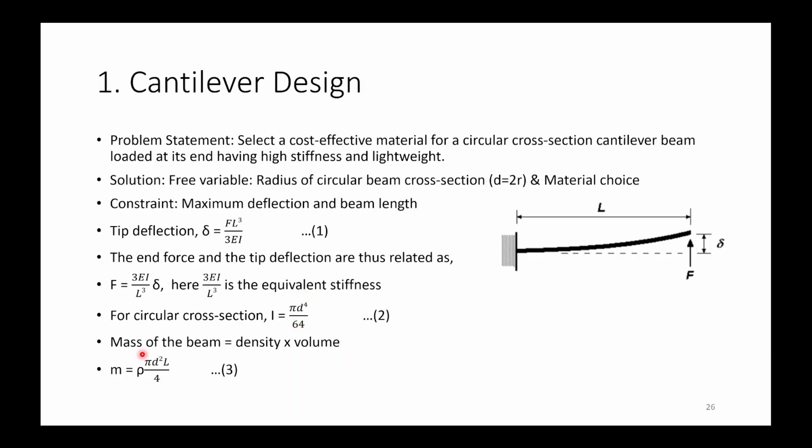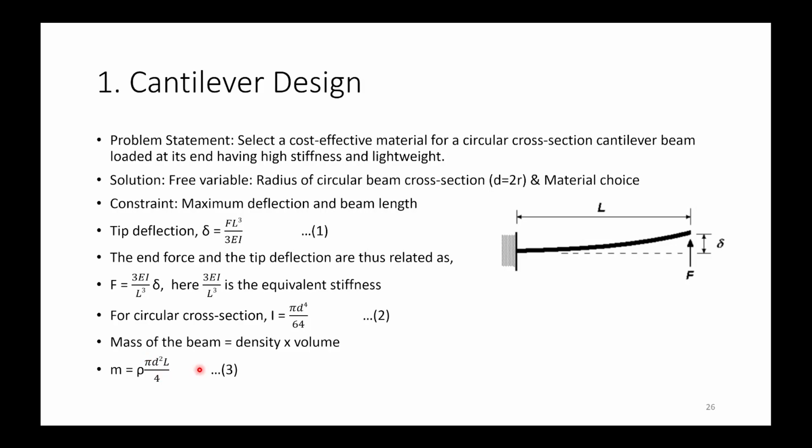Now combining these formulas, firstly we'll find the mass of the beam. This beam has the mass of a cylinder, so we multiply density rho by the volume, which is pi r square L, and in terms of d, pi d square L upon 4.